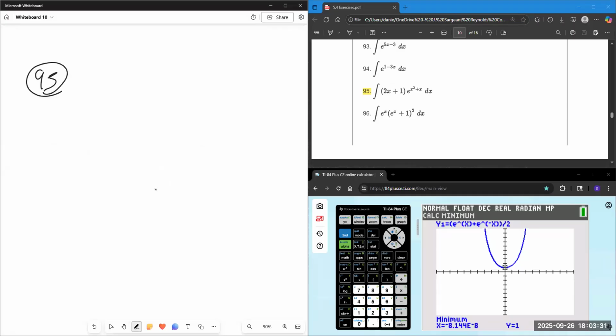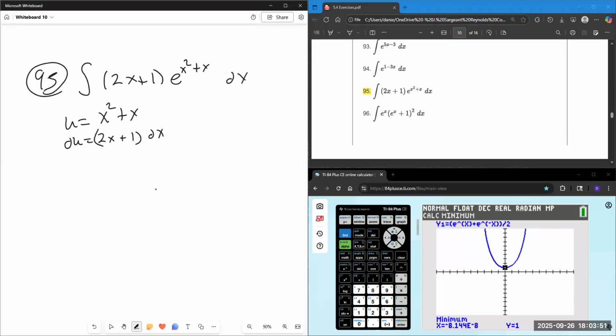All right, 95. Integral of 2x plus 1 e to the x squared plus x dx. So my u is my exponent on e. My du is 2x plus 1 dx.